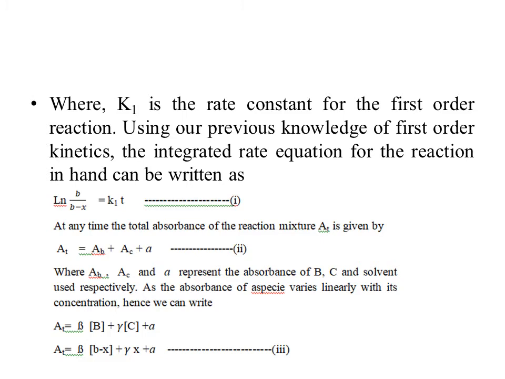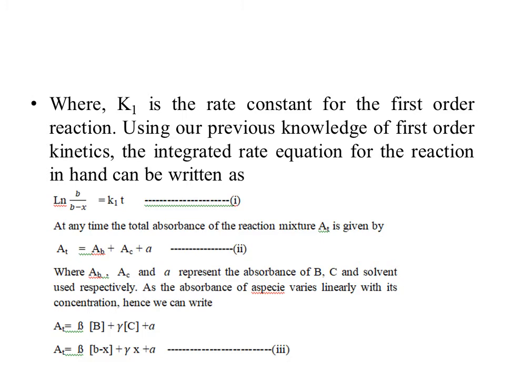Using our knowledge of first order kinetics, the integrated rate equation for the reaction in hand can be written as log b over b minus x, that is equal to k1 into t. This is equation number 1, the integrated rate equation for the first order reaction given above.